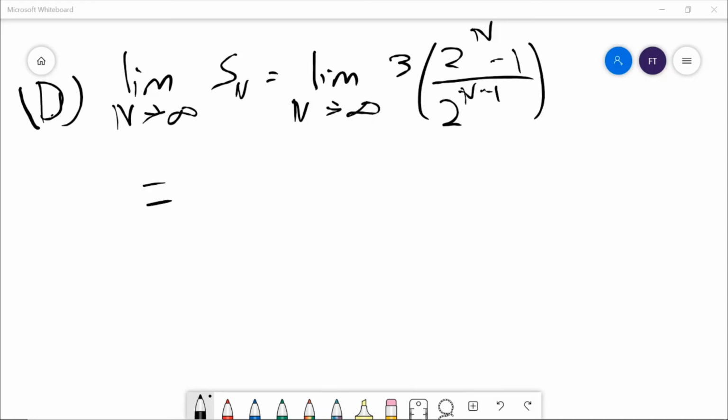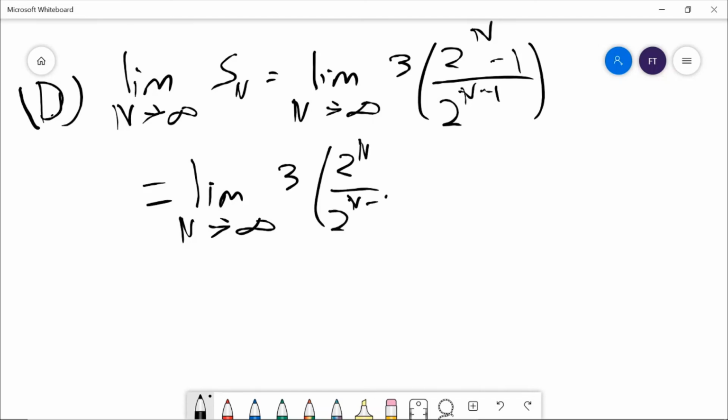All right, so in part D, we want to find the limit of the sequence of partial sums. So this ends up taking the limit as n goes to infinity of 3 times (2 to the n minus 1) over 2 to the n minus 1. What will help us here is to simplify this expression. So this becomes 3 times 2 to the n over 2 to the n minus 1, minus 1 over 2 to the n minus 1.